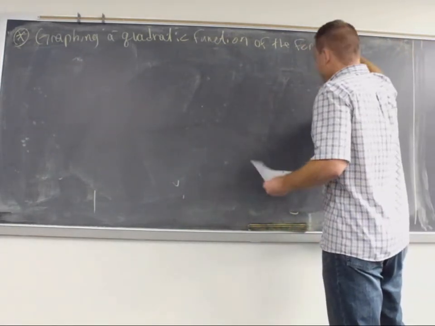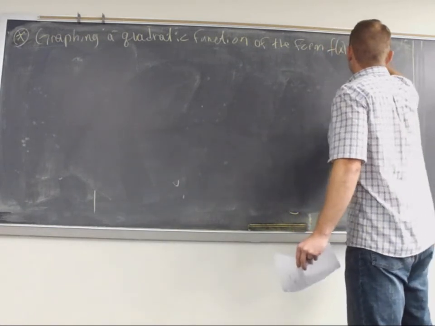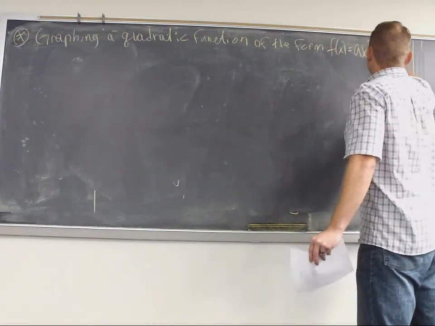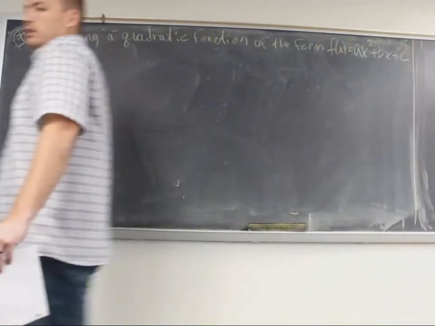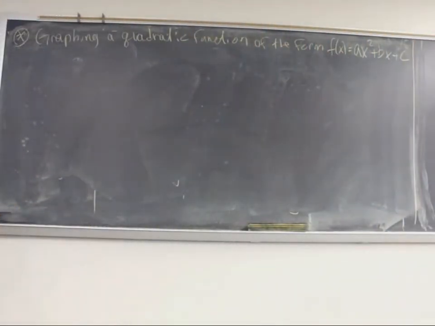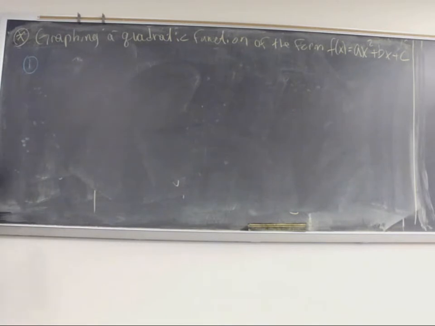Of the form, let's call it f of x is equal to ax squared plus bx plus c. So what we want to do is graph this function that's of this form, and here are the steps to do that.